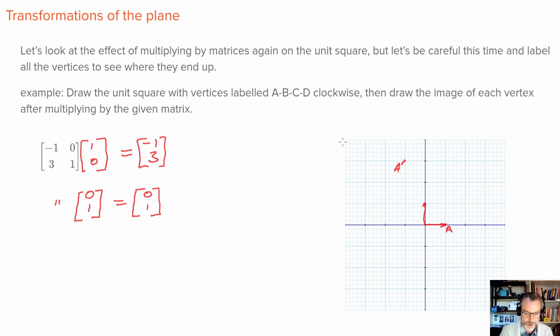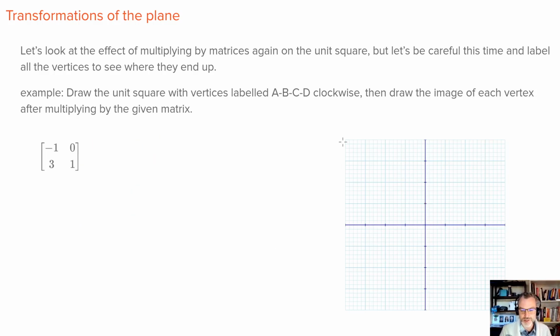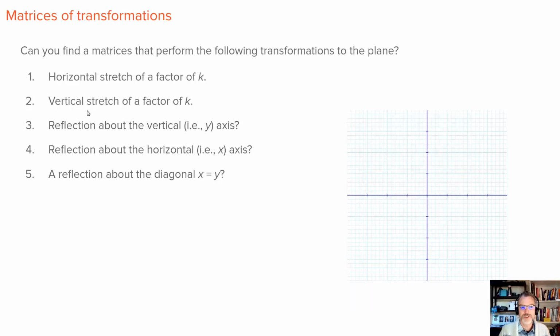Okay, so it leads to a question of how can we do that in general? How could we get a horizontal stretch by a factor of k for some constant, or maybe a vertical stretch? Or how could we get a reflection about the vertical axis or about the horizontal axis? That sort of thing. Okay.